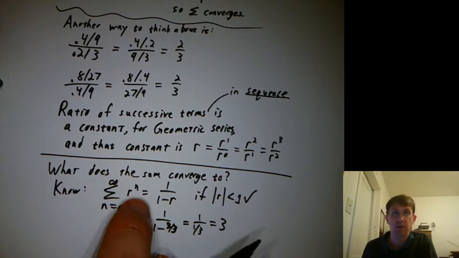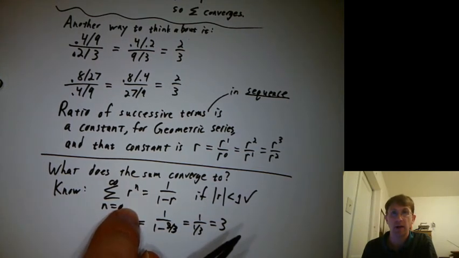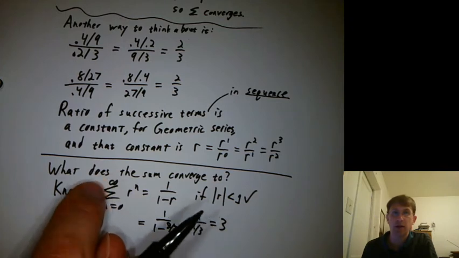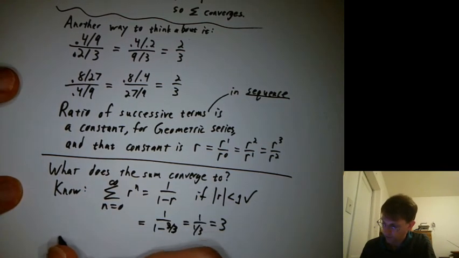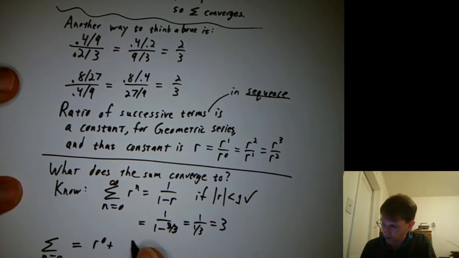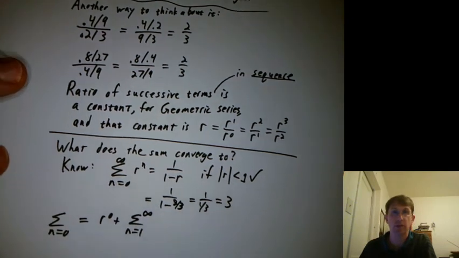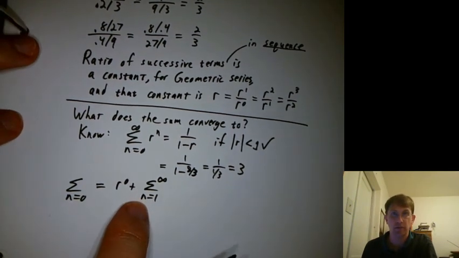Well, there's 2 problems. This sum starts at 0 rather than n equals 1, and we had a 1/10 out front. The 1/10 out front we can take care of later. What can we say about the sum from n equals 0? It is equal to r to the 0 plus the sum n equals 1 to infinity, right? Just breaking out that 0th term.